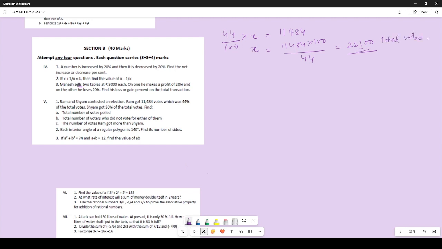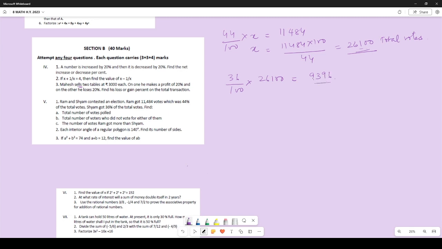So total votes, right? Now Shyam, he got 36% votes, right? So the number of votes that Shyam got, when you do the calculations, you get it as 9396 votes. Now this is not what you are supposed to answer.